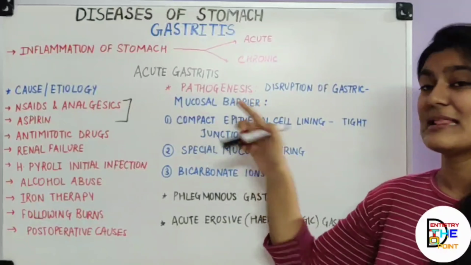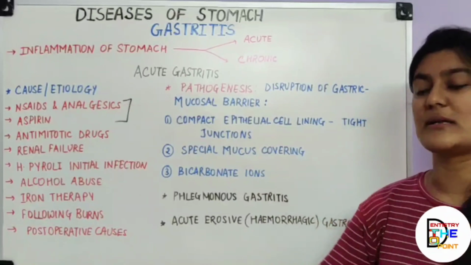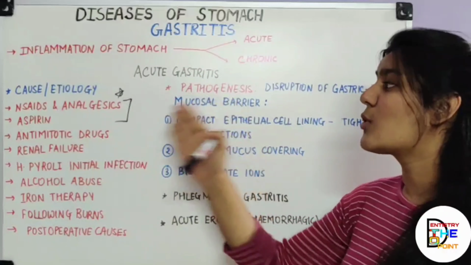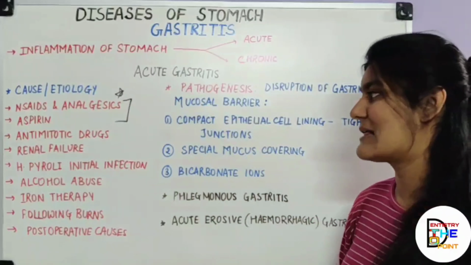They reduce the secretion of bicarbonate ions, meaning they hinder the secretion of bicarbonate ions of the surface epithelium, and then they cause damage. So NSAIDs and aspirin are the most common etiological factor for acute gastritis.